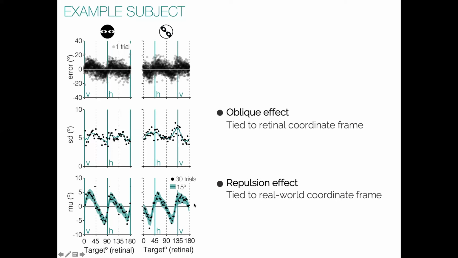It's no longer tied to the retinal coordinate frame at all. So it turns out that when you tilt your head 45 degrees, if you were going to say this thing is a little bit wonky, such as the Tower of Pisa, it would still look more tilted than it really is, no matter how you tilt your head.